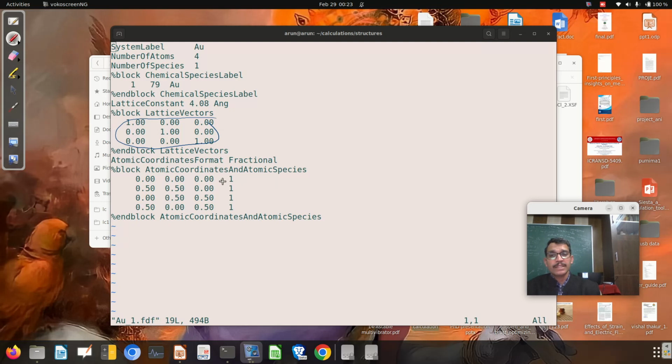One atom is at the origin, and the other atoms are in the xy plane, the yz plane and the xz plane. This atom is at the center of the xy plane, this atom at the center of the yz plane, and this atom at the center of the xz plane. So let us understand these with the help of our visualization software.